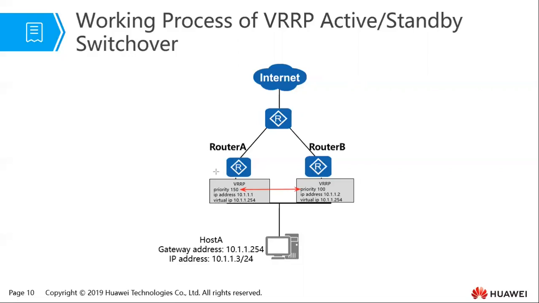Now, what happens when routers have the same priority? When this happens, the IP addresses of the routers are compared. And as you might have already guessed, the device with the larger interface IP address is elected as the master.